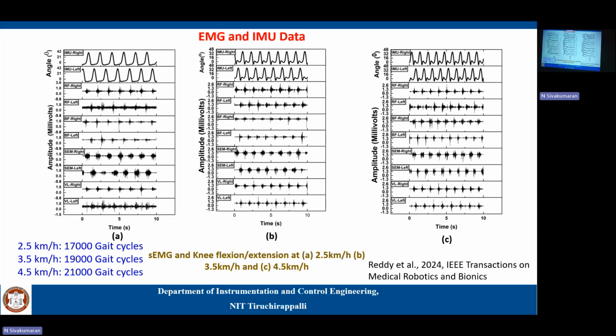And these are all EMG. These are IMU, inertial data, basically knee joint angles.